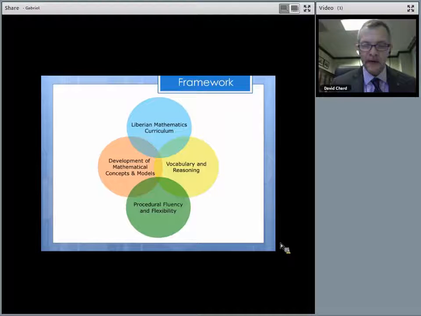We made one observation in a school outside of Monrovia where we watched a third grade classroom doing multi-digit multiplication. I asked the teacher if I could step in and ask a few questions.